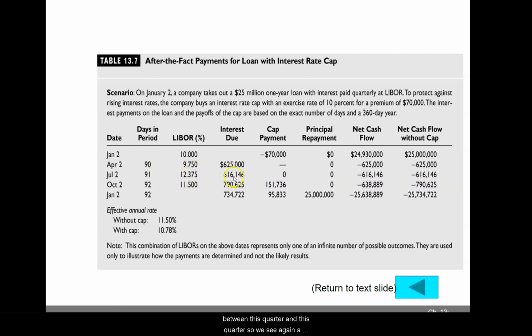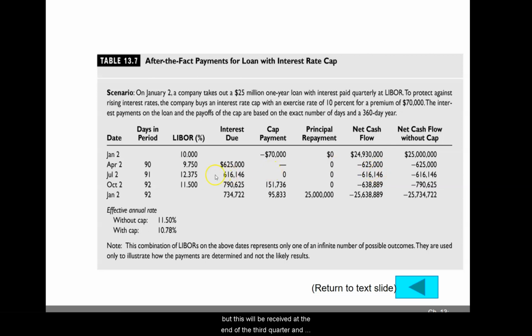That gives us 616,146, and this is just because of the 1 day difference between this quarter and this quarter. So we see again a negative interest payment of 616,146 here.